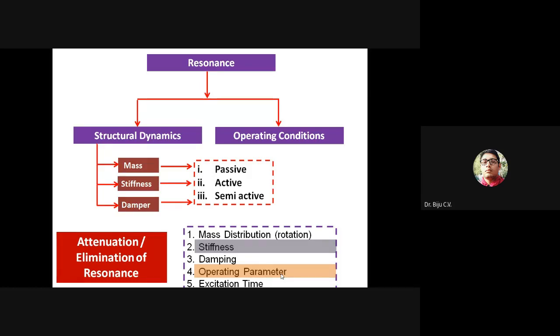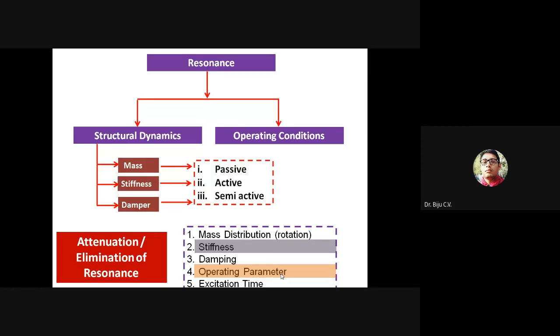Attenuation is possible, but elimination is very interesting, and it is a novel design: how to eliminate resonance using smart structures, because this possibility did not exist years back as these types of materials were not there. It was developed recently. So research can be concentrated on this particular area, how to eliminate resonance.